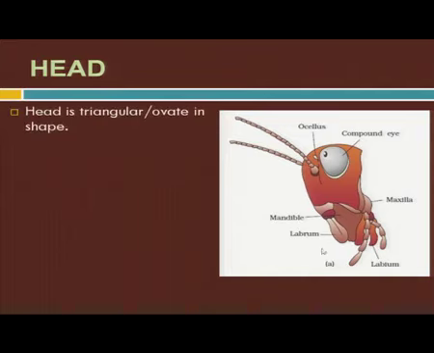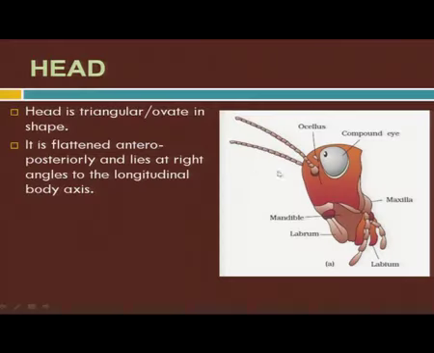As you can see in this picture, this is the side view of the head of a cockroach, and the shape of the head is triangular or ovate. It is flattened antero-posteriorly and lies at right angles to the longitudinal body axis.